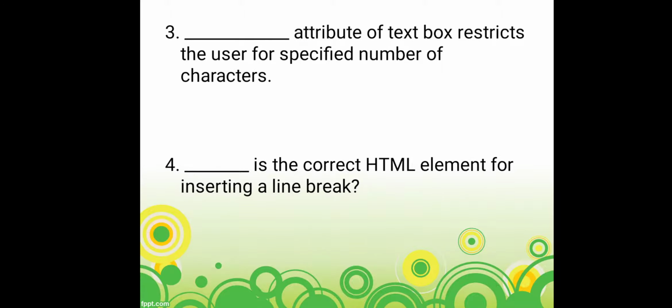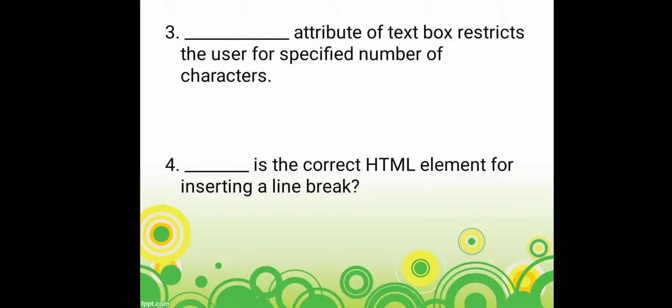So what was the next question? The next question was: dash attribute of the text box restricts the user to a specified number of characters. See, this also we had seen. If there is a text box, we can restrict the user to enter a particular number of digits in that text box.